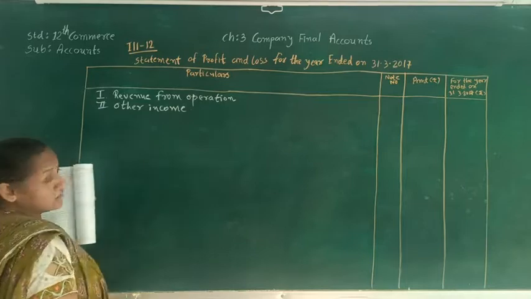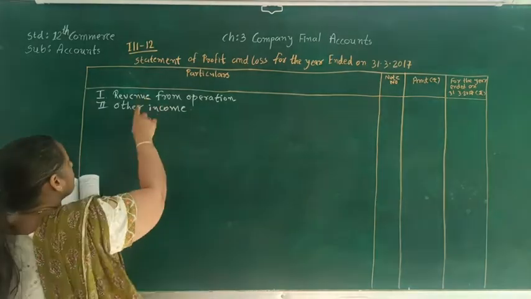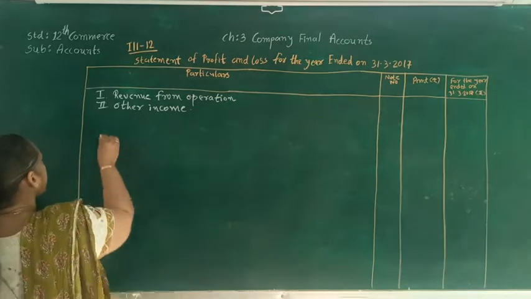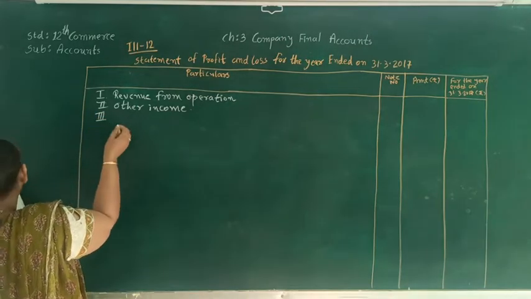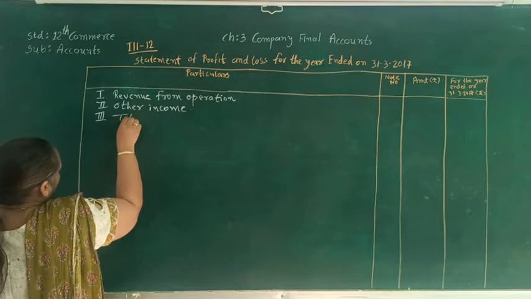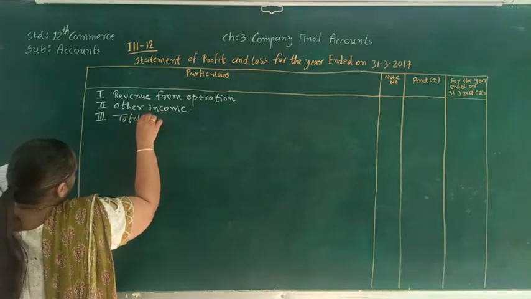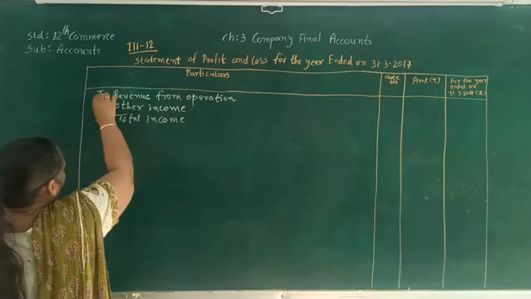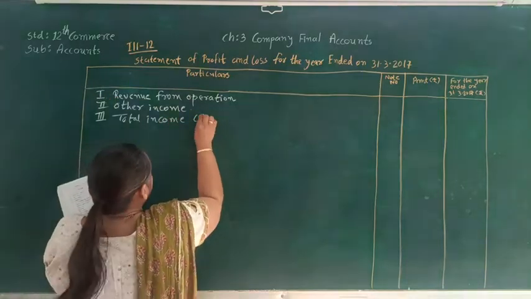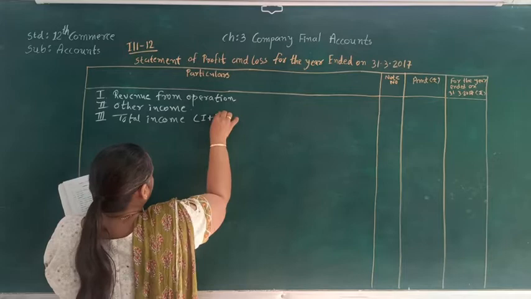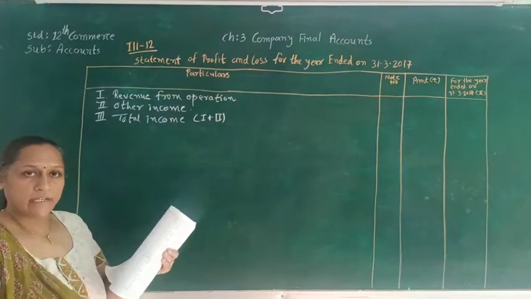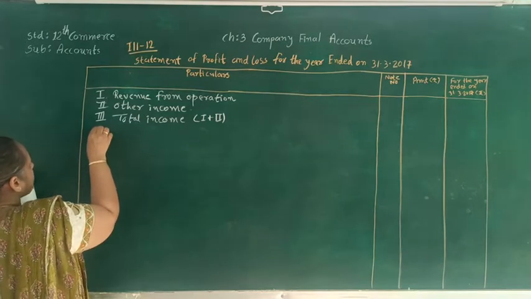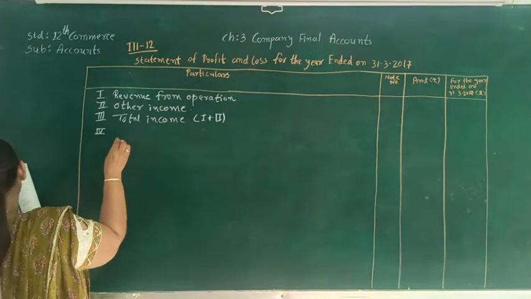Total income means 1 plus 2 is equal to 3, and that is total income. So the third heading is total income, where we have to add 1 plus 2. So that will be 3. Now in the fourth we are going to deduct all the expenses. So that is expenses.